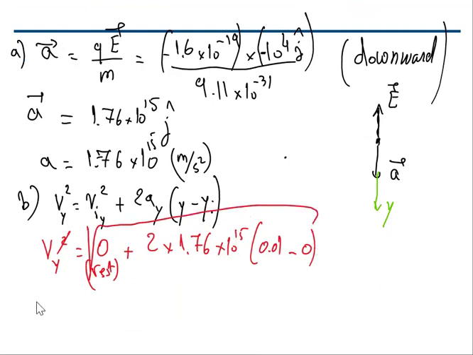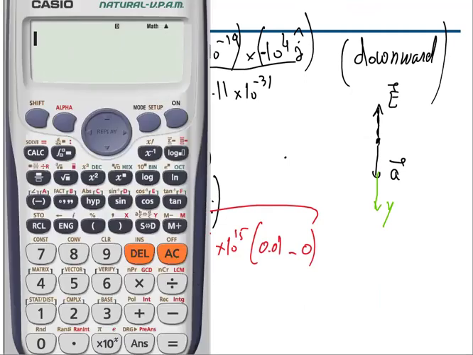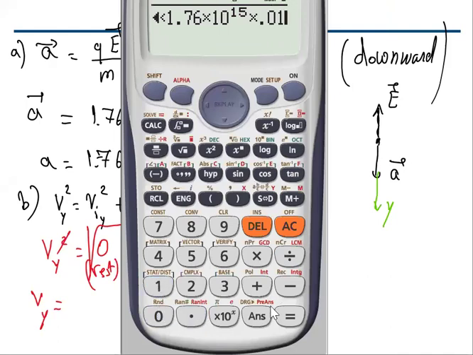So what will be v_y at the lower plate? It will be the square root of 2 times 1.76 times 10^15 multiplied by 0.01, 1 centimeter.